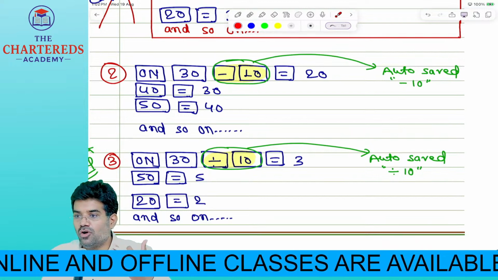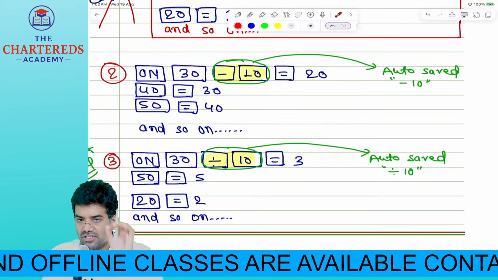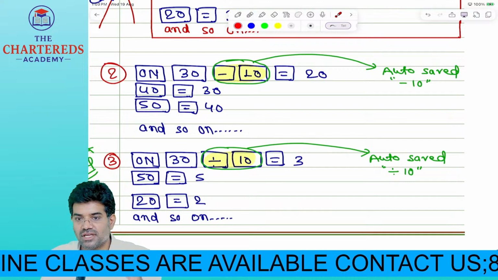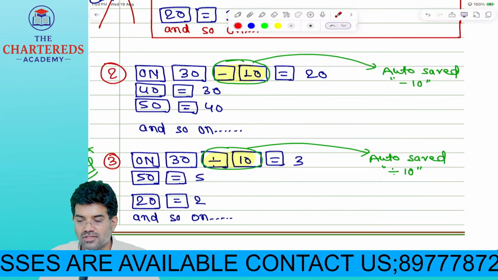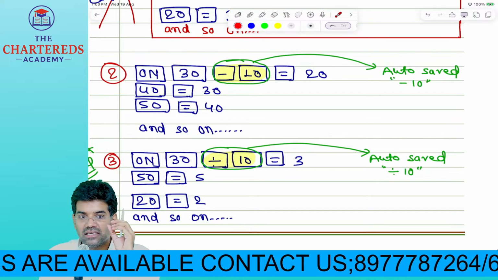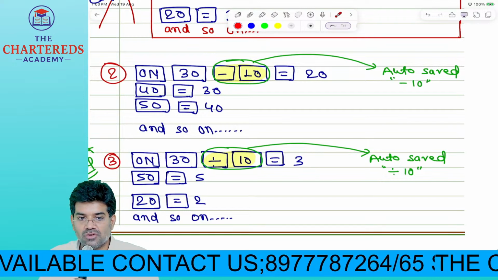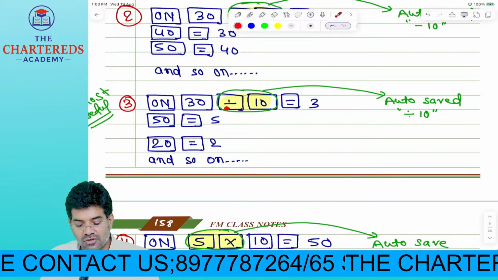Now I want to know 40 minus 10, how much should I get? 30. Now just press 40 equal to, how much are you getting? Next 50 equal to, 40. So whenever you want to subtract a common figure from any figure, this is a shortcut we can use for the calculator.